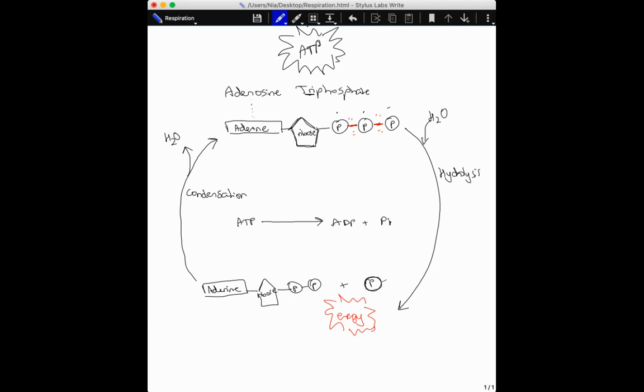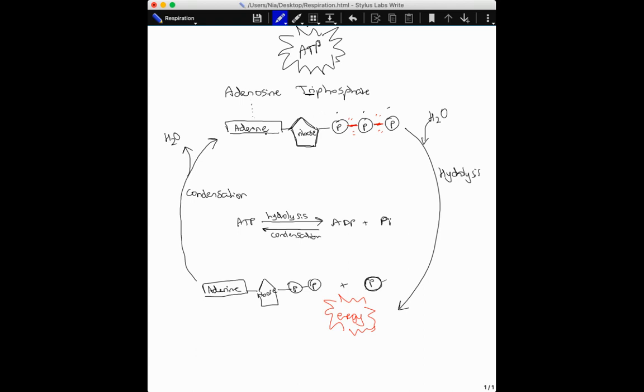And the conventional way of writing a phosphate is Pi. It stands for inorganic phosphate. And the reverse situation is ADP combining with a phosphate to regenerate ATP. So this way is condensation, and this way is hydrolysis.